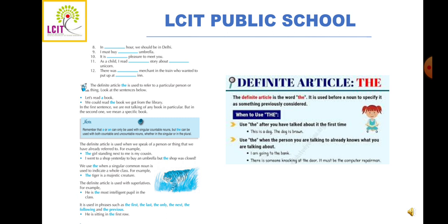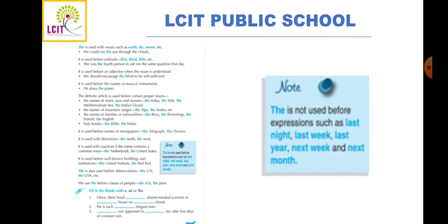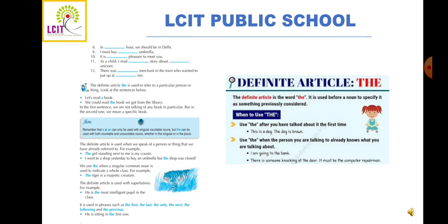Do you know which dog I am talking about? No. So first I need to make that dog specific. So I'll say, this is a dog. Now I'm telling you where the dog is, and this is a dog. So I'm specifying something. Now this is a dog. The dog is brown. So first I specified the noun, and after that I used the definite article to make it more specific.